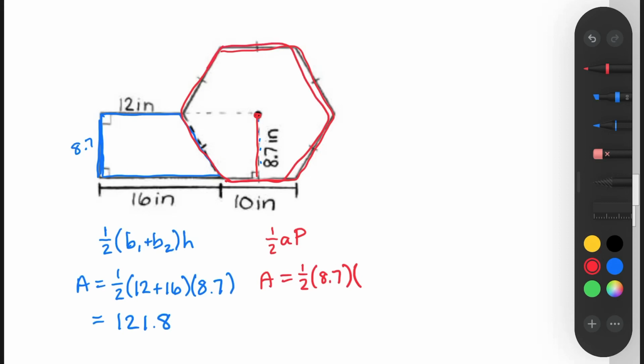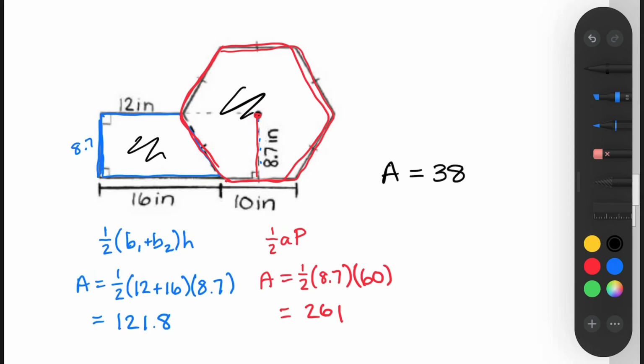And the perimeter, the total distance all the way around, 10 plus 10 plus 10 plus 10 plus 10 plus 10 is 60. And that comes out to 261. And so the area of the entire shape combined would just be that area plus that area. So if you add those two together, we get 382.8 square inches.